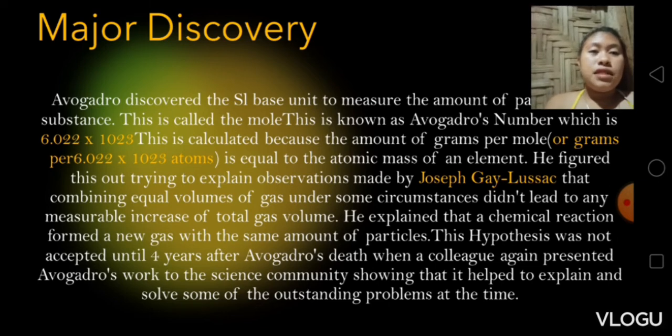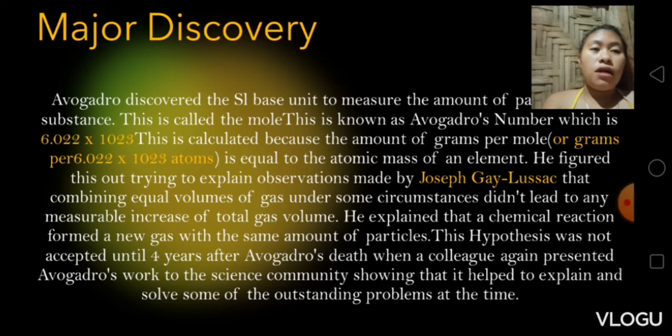So, Joseph Gay-Lussac tried to explain the observation about the unequal atomic mass of the elements: that combining equal volumes of gas under some circumstances did not lead to any measurable increase of total gas volume.